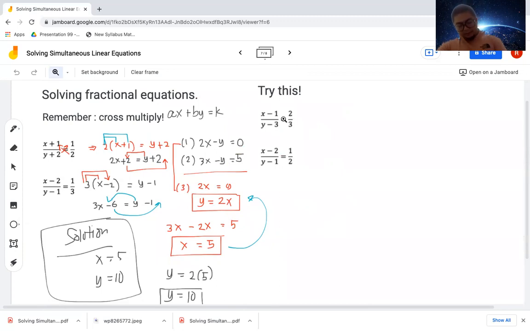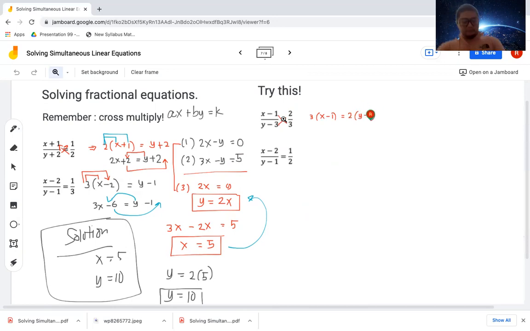So here, we cross multiply, just like what we said, cross multiply. So this equation will now give us a calculation of 3 times x minus 1 is equivalent to 2 times y minus 3.